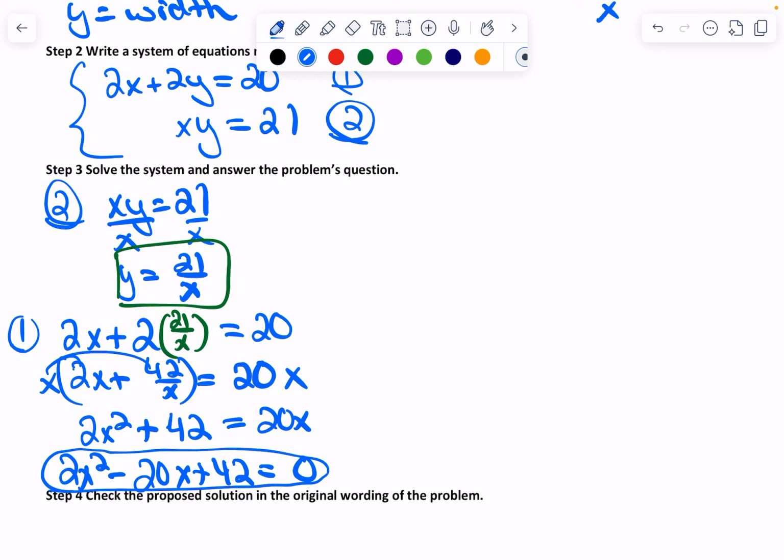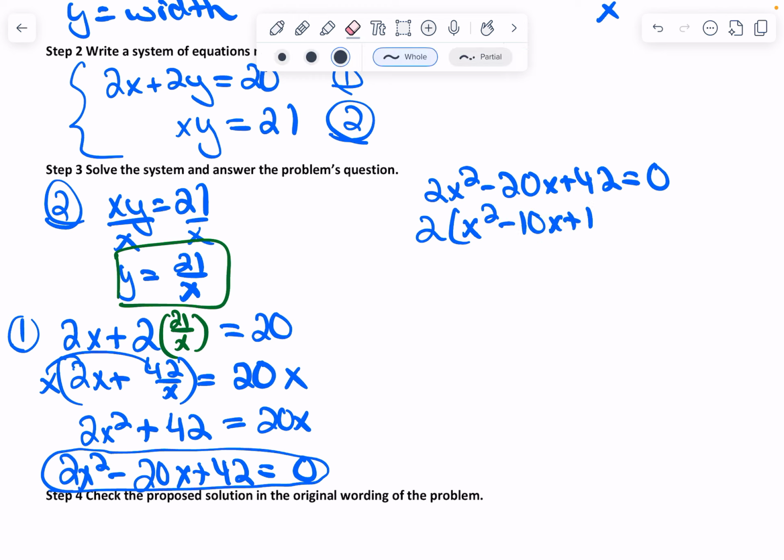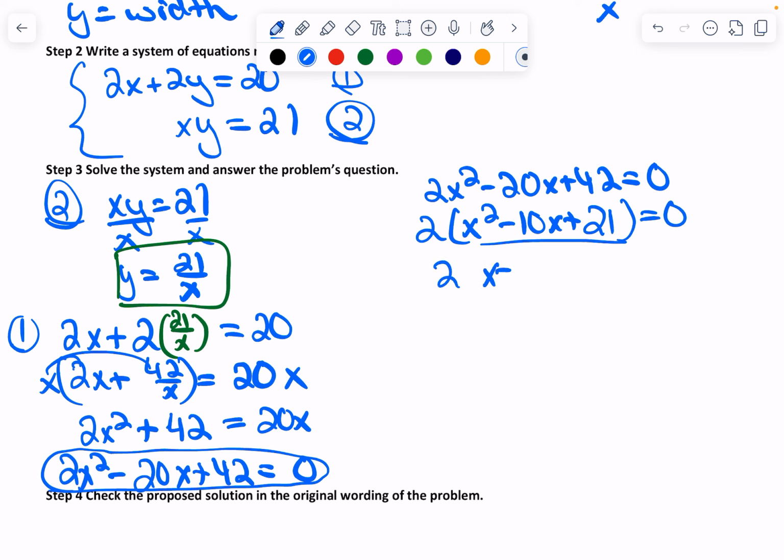Okay, so what do we need to do? We can take out the greatest common factor, which is 2. And now factor this out to x minus 3 and x minus 7 equals 0.